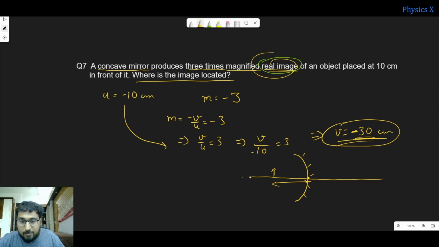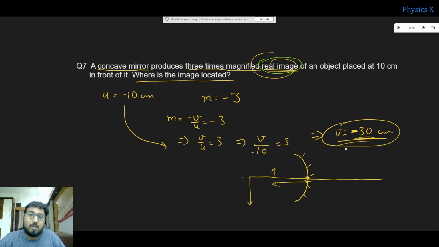So it is like that. Something like this. It is on the same side of the mirror. v is also negative. So this is what you need to understand.